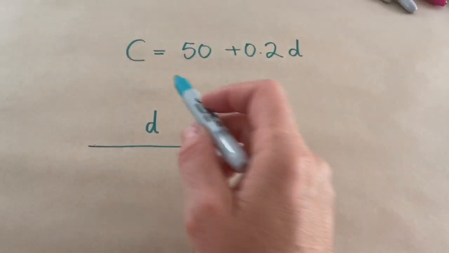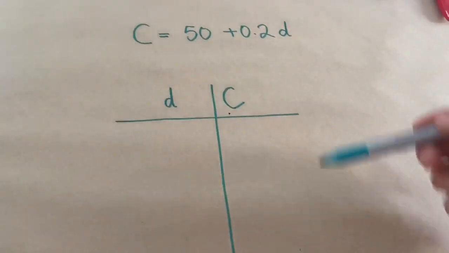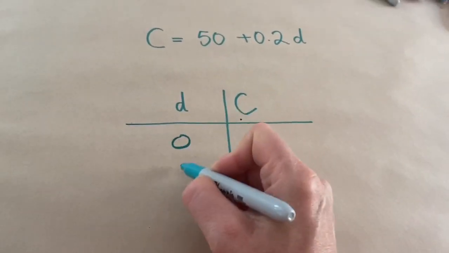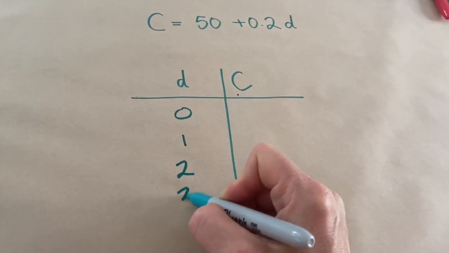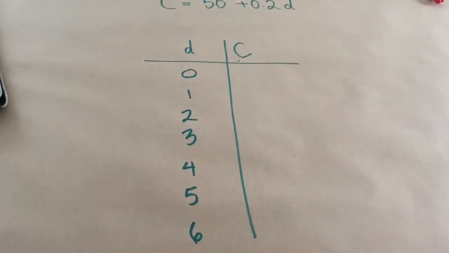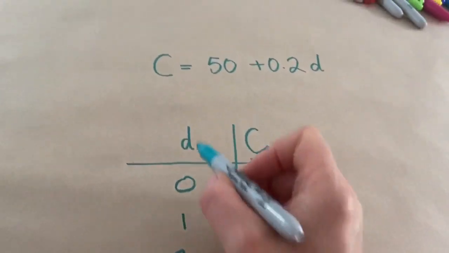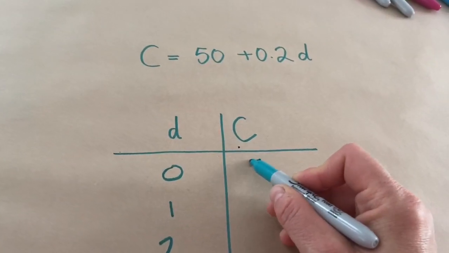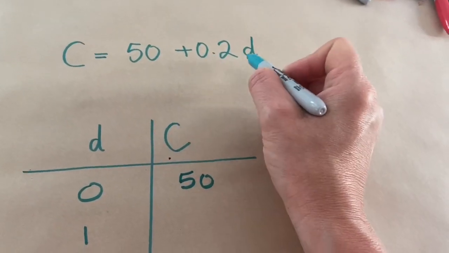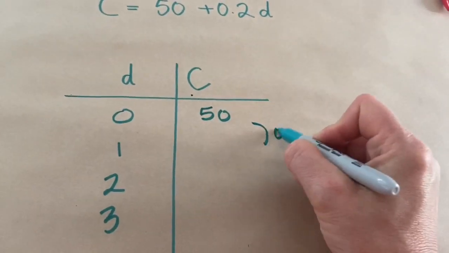Okay, so here is my algebraic model, my equation, and I want to make a numeric model. I want to make a table of values. We know that our nice table of values that we have learned how to do in grade 9 always jumps like this. Starts at 0, 1, 2, 3, 4, 5, 6, 7, 8, and so on. We know that ours, the initial value is 50, starts at 50, and since the 0.2 is the number that's next to the variable or the letter, we know it's jumping by 0.2.